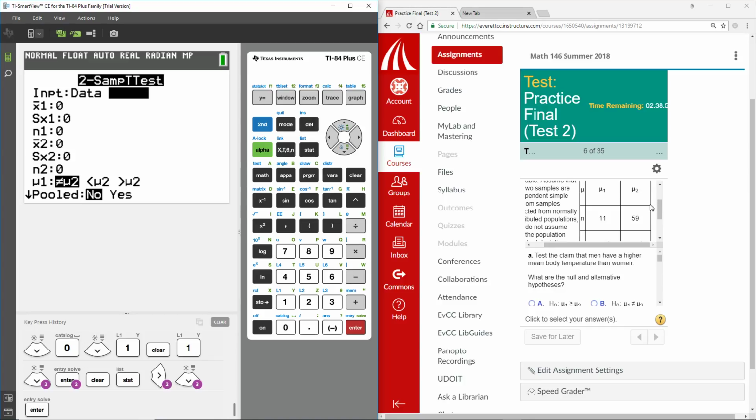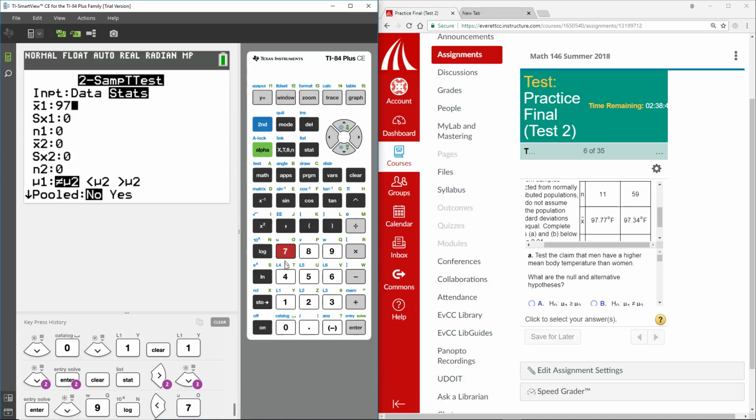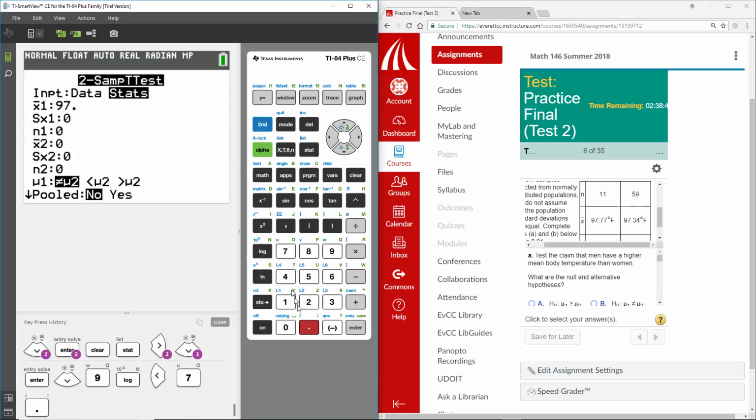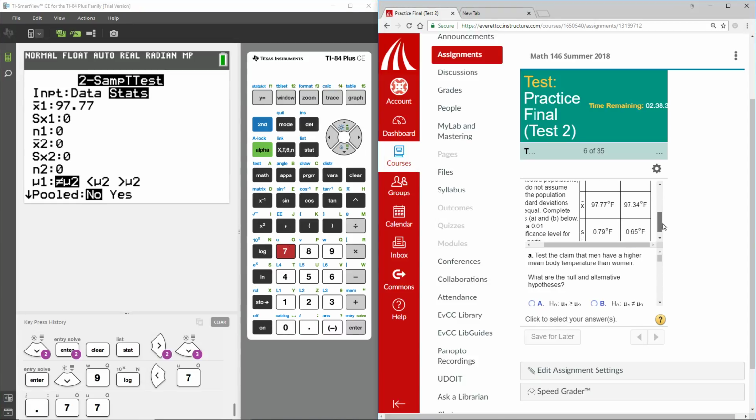We're given the stats of each one, so I'm going to enter in the stats of each one. The mean of the first one is 97.77. Standard deviation of 0.79.